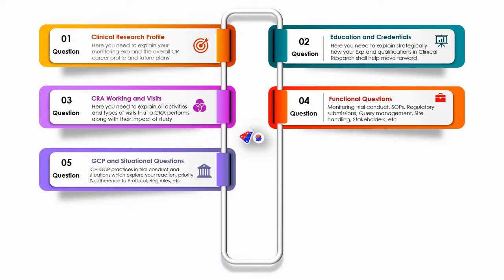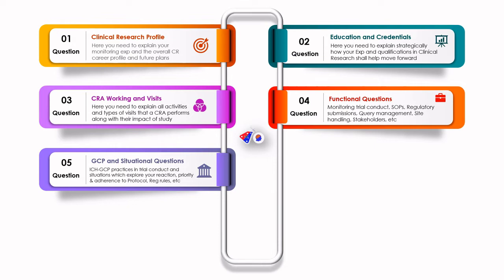When it comes to working as a CRA, it is very important that you adhere to certain criteria of ethics and global convention, which are called ICH-GCP practices and conventions. Here they can present you various situational or scenario based questions where they will test the kind of ethics that you follow.